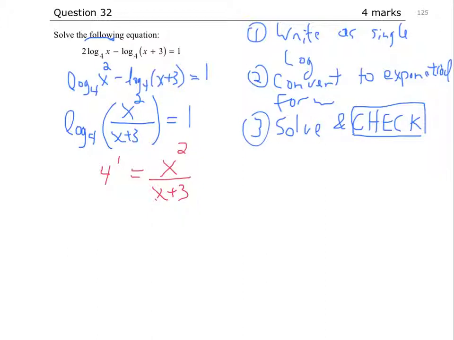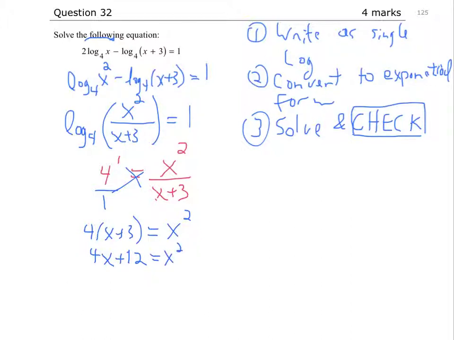So 4 to the 1 is simply 4. And so I'm going to just cross multiply now. So 4 outside of x plus 3 times 1 times x squared is just x squared. So 4x plus 12 equals x squared.